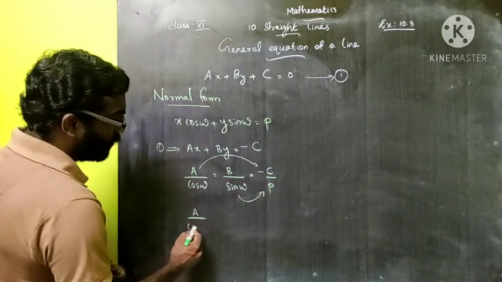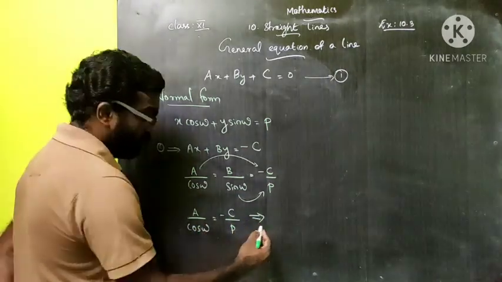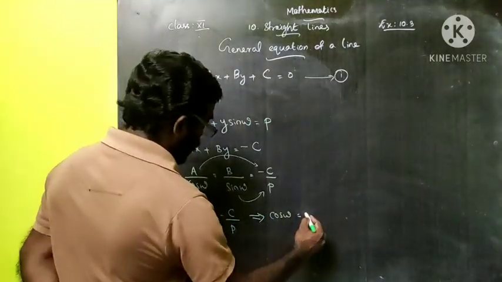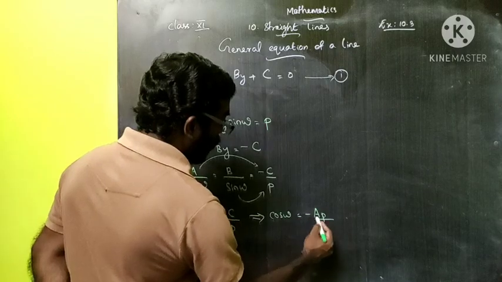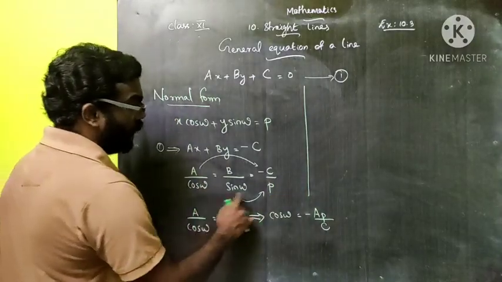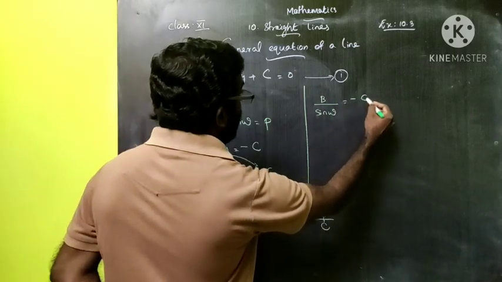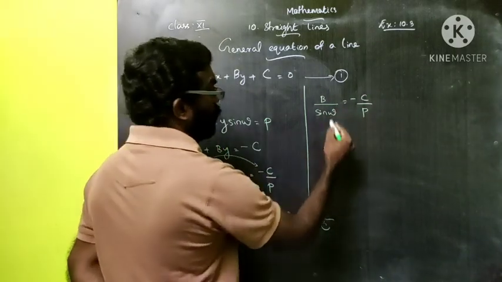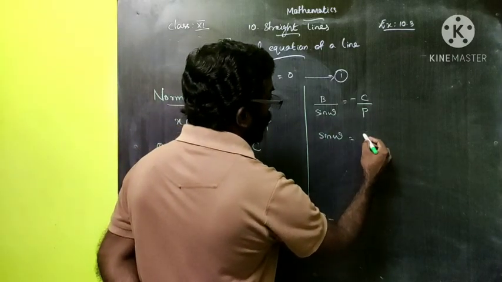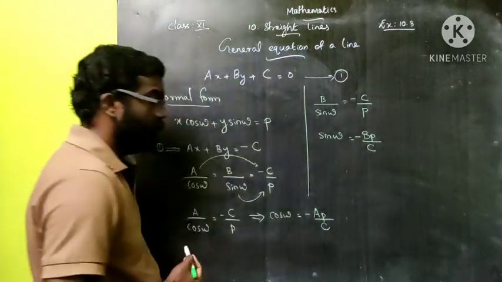That is A by cos omega is equal to minus C by P, which implies cos omega is equal to minus AP by C. And from second and last, we can write B by sin omega is equal to minus C divided by P. On cross multiplication, we get sin omega is equal to BP divided by minus C, or minus BP divided by C.